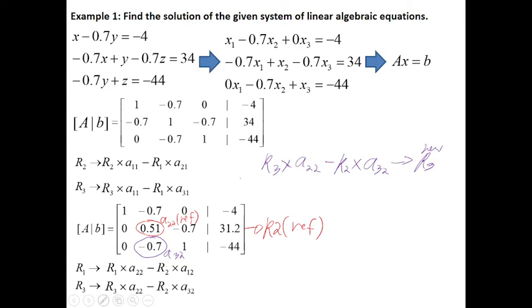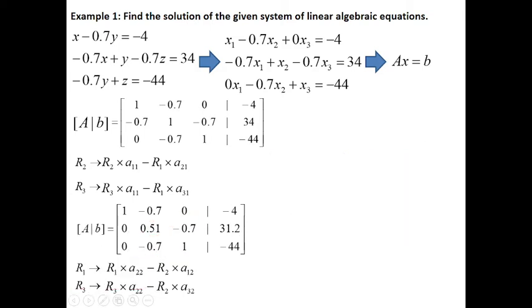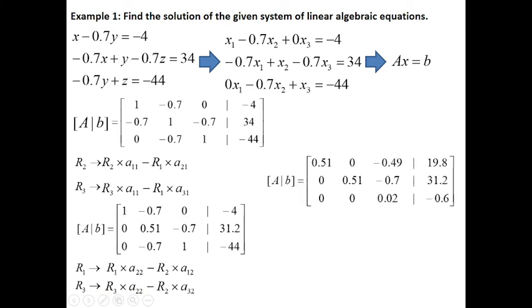Ayan. So, tapos pagka ginawa mo na yan, ito yung resulta. Okay? Check natin. Okay? So, ang ating reference element ay ito yung ating reference element, A22. Tapos ito yung ating reference row. Okay?